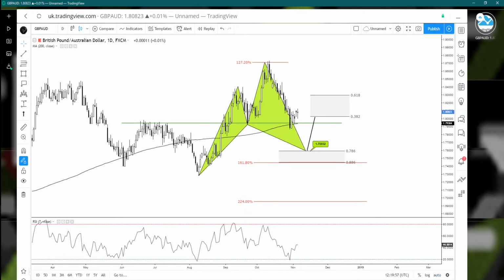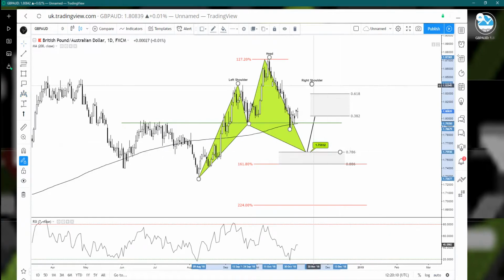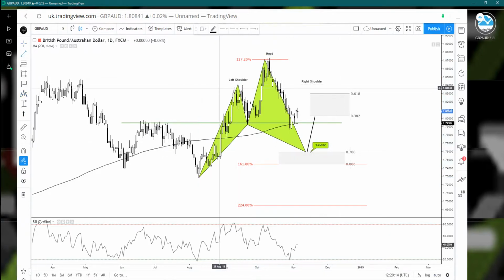It's developing kind of a head and shoulders, so we need to validate that. Nothing granted for now, but I can see a retest of the highs of the left shoulder as a right shoulder. I admit a retest, and that's what I like to search for on those head and shoulders formations.